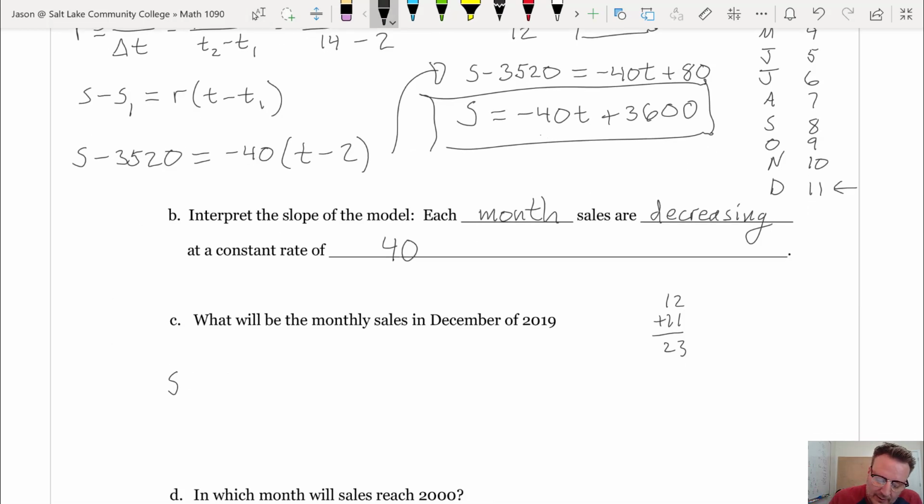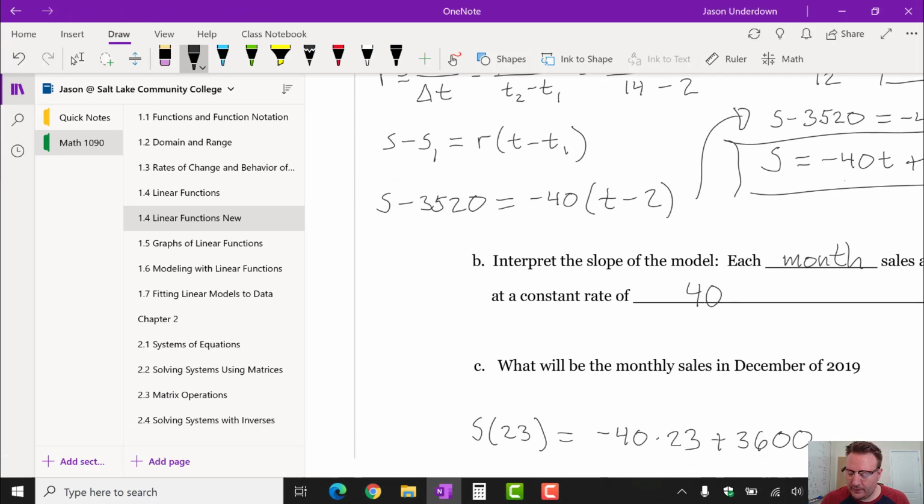So S of 23 will be negative 40 times 23 plus 3,600. I think we'll pull up the calculator for that.